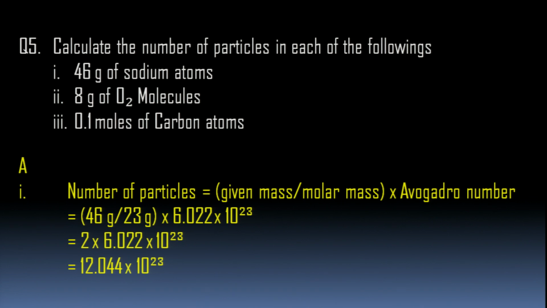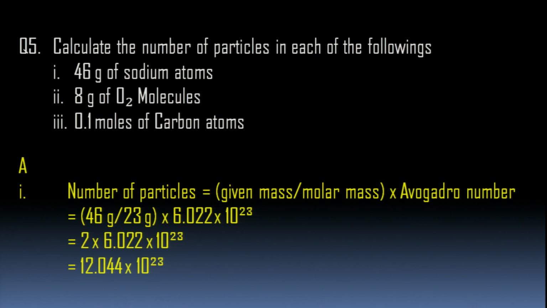Now number of particles, if we go by the formula, what is that formula we had discussed? Given mass divided by the molar mass, then into Avogadro's number. What is the given mass? 46 grams of sodium. 46. What is the molar mass of sodium? Na.